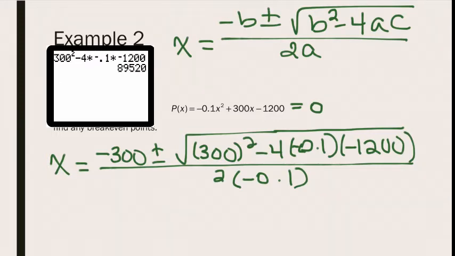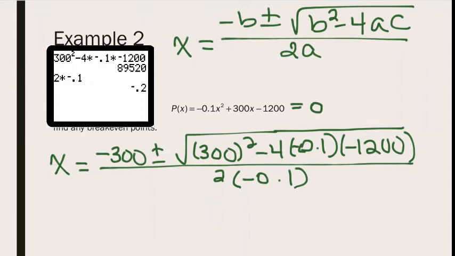From there, we can then find out what the numerator is. Because it's negative 300 plus or minus the square root, I'm going to find the positive version first. You could also find the denominator, just to save yourself a step.